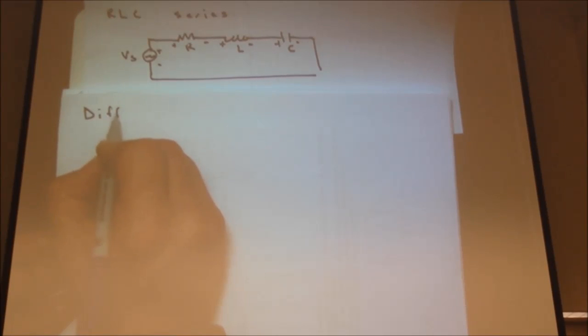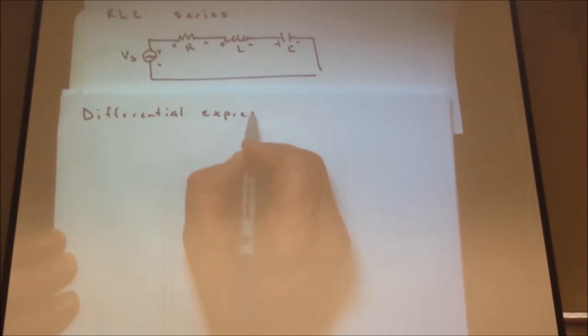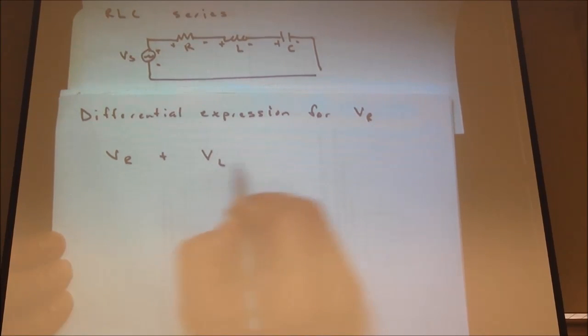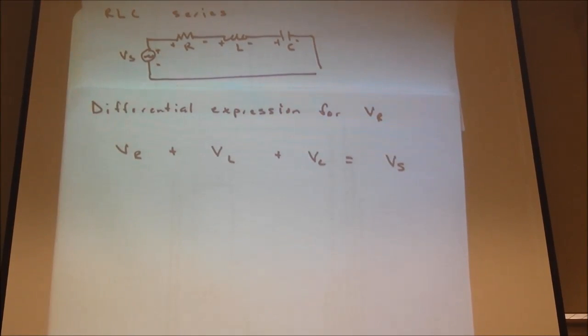What about a differential expression for VR? Well, we're still going to apply KVL. That hasn't changed. VR plus VL plus VC equals V source. So still a handy tool to use, but now our parameter of interest is VR, and we want to get VL and VC in terms of VR.